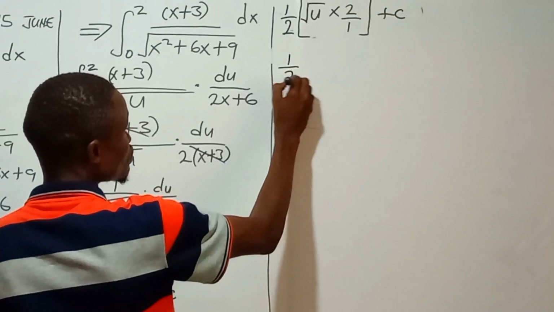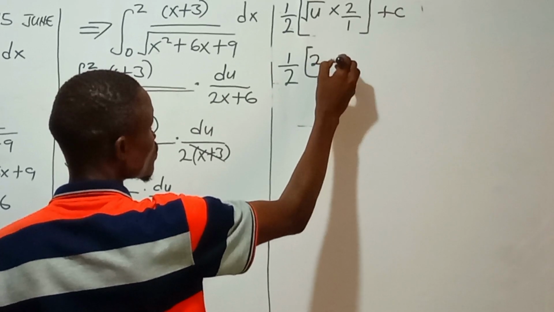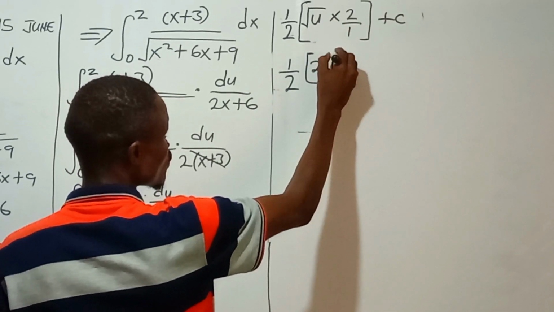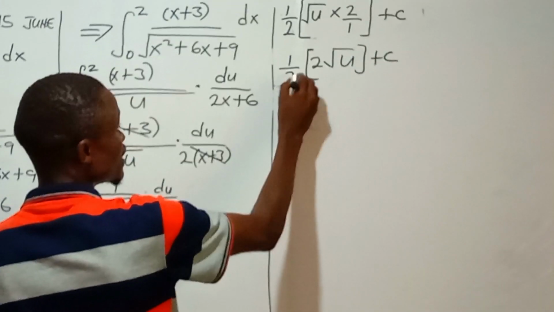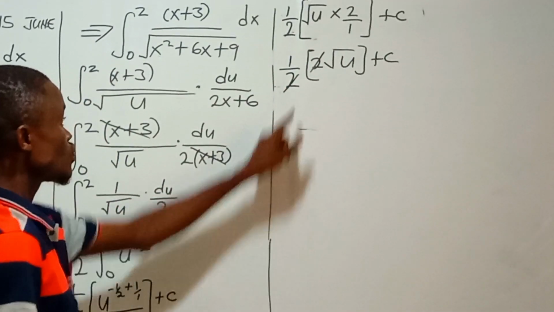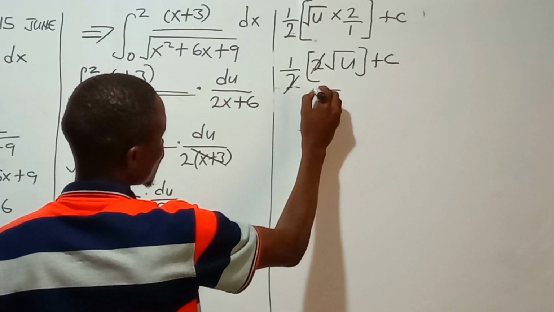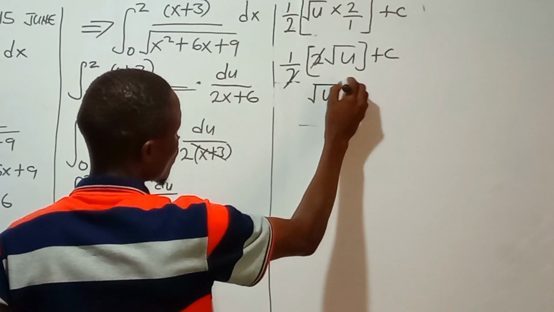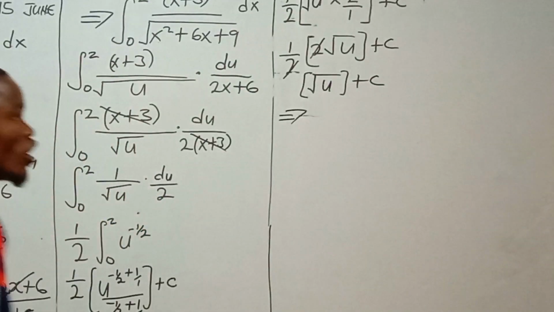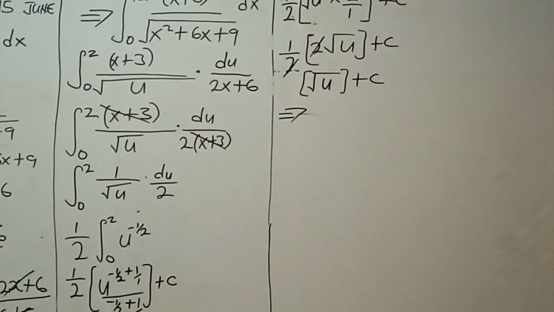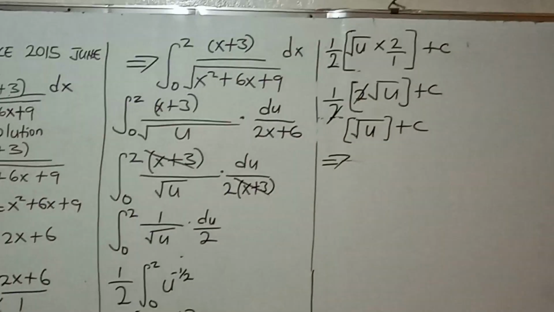So 1 upon 2 times 2, the 2 cancels with this one, 1 times. So you say the square root of u plus c.